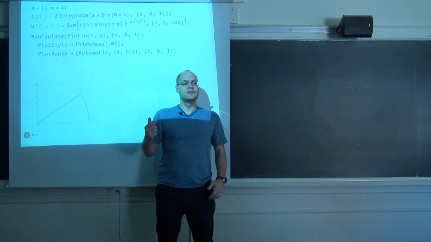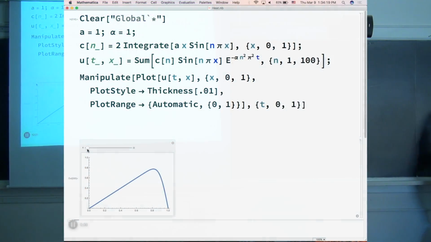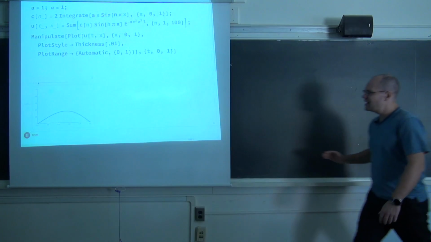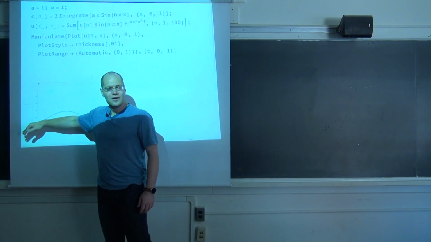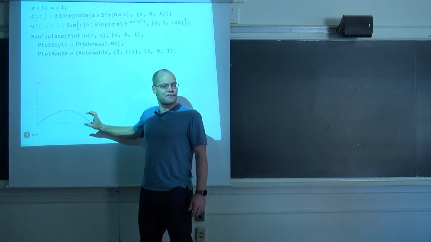And to answer the first question that I asked, why does it become symmetric relatively quickly? By symmetric, I mean now it's kind of a symmetric shape. Well, it's because everything but the fundamental sine, the first sine, dies much more quickly.